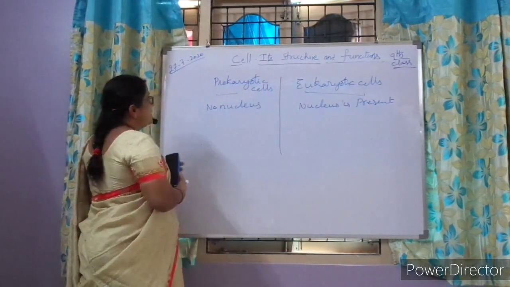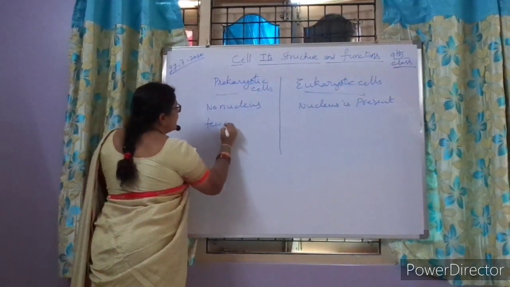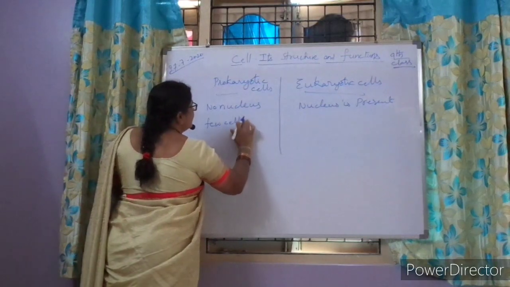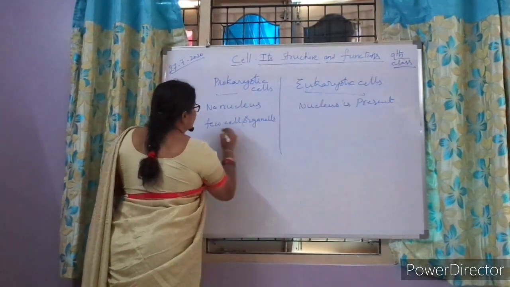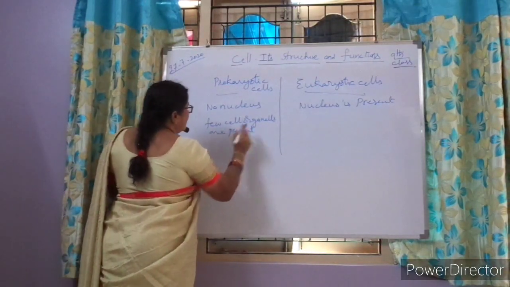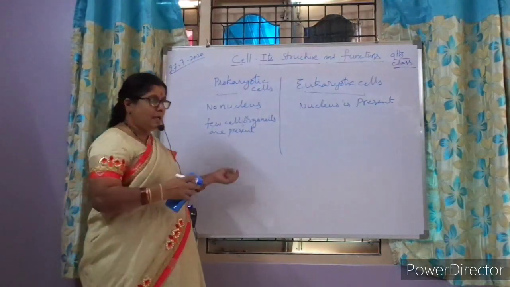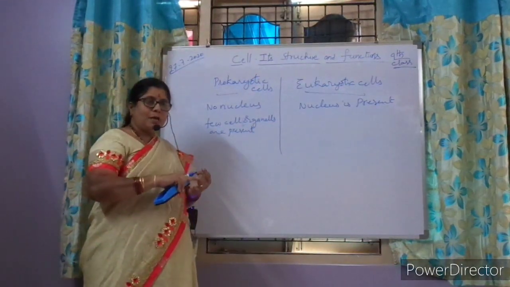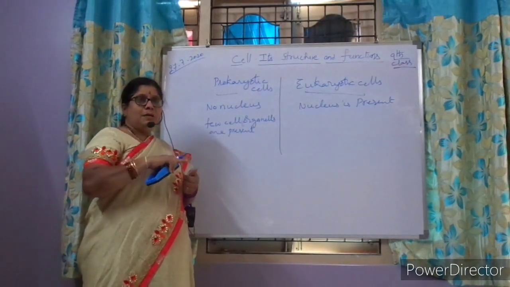Coming to the next point, in prokaryotic cells, few cell organelles are present. Very few. Like in the plant cell and animal cell which you learnt earlier, we observe mitochondria, chloroplast, Golgi body, nuclear envelope, nucleoplasm.